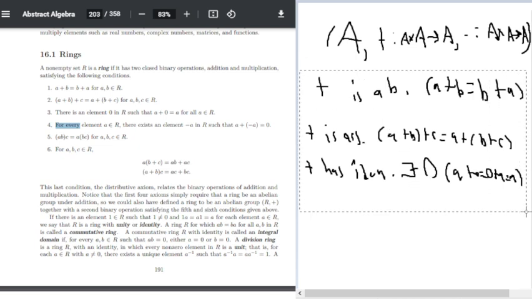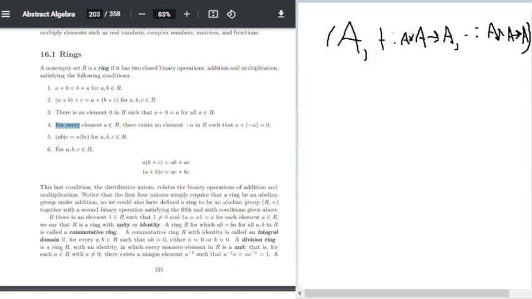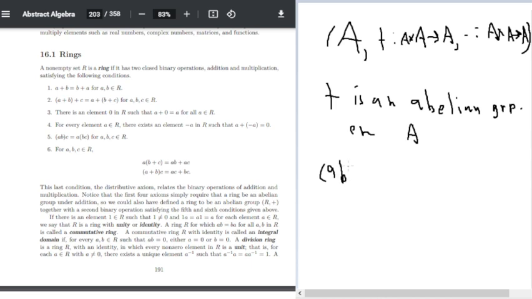But what this is actually saying is that plus is an abelian group on A. Now, our other conditions: a times b times c, that is (ab)c, is equal to a(bc).